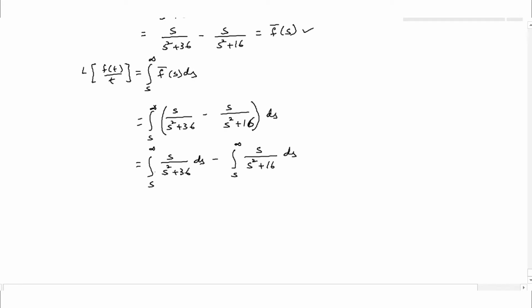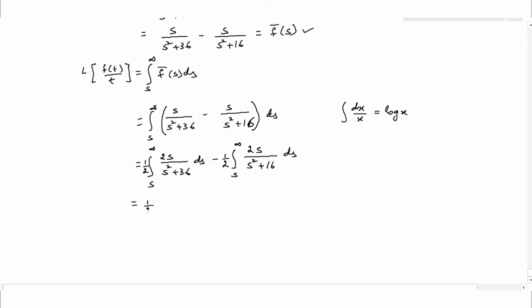So let us try to integrate these two integrals. We know the basic formula for the integral of dx by x, which is nothing but log of x. So here also, to get it in that form, I have to multiply and divide by 2, so it becomes dx by x form. In the second integral also, I'll divide and multiply by 2.